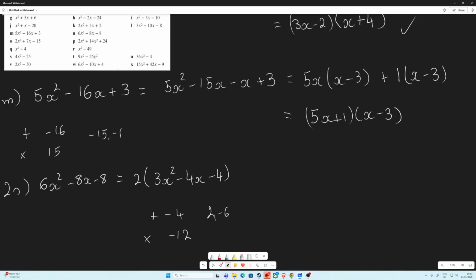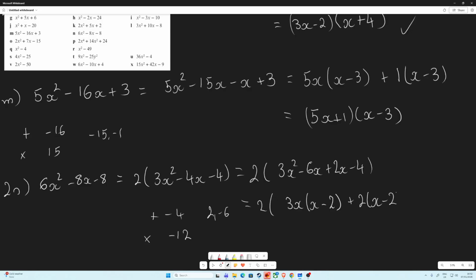So that's equal to 2 times 3x squared minus 6x plus 2x minus 4. So that equals 2 times 3x times x minus 2 plus 2 times x minus 2.